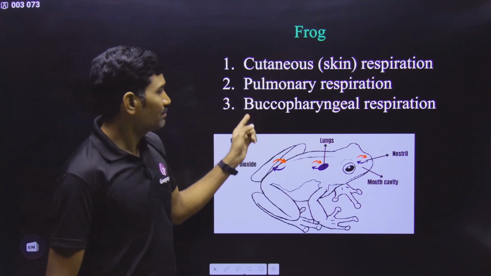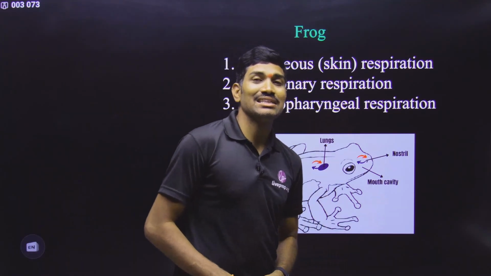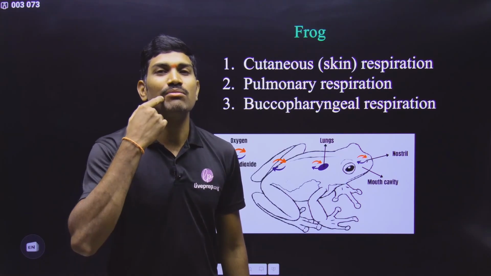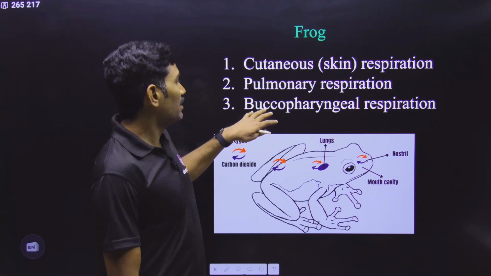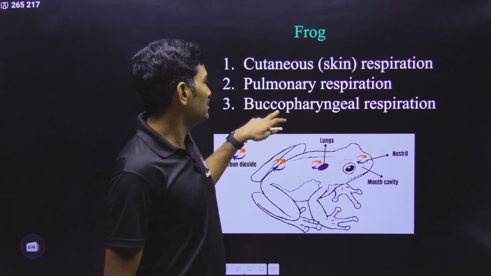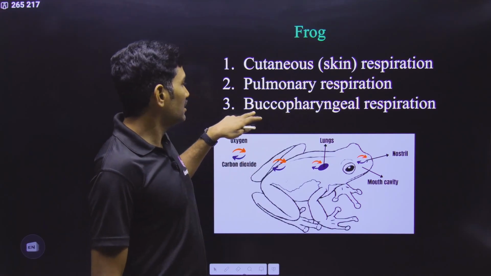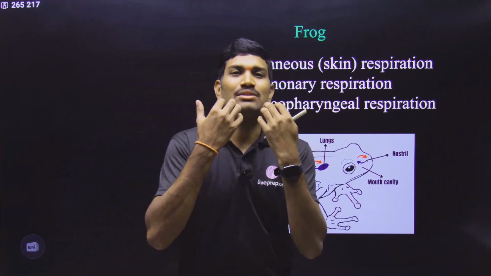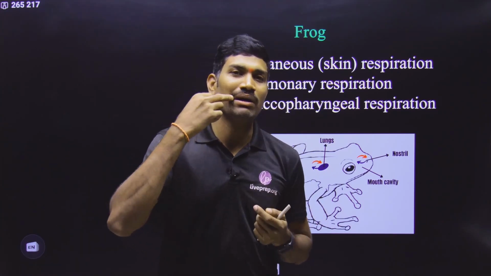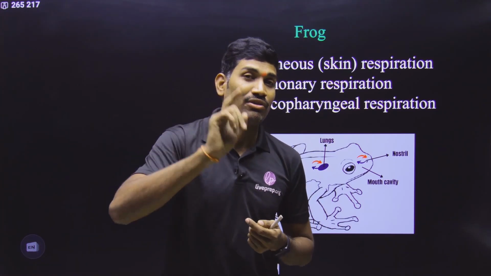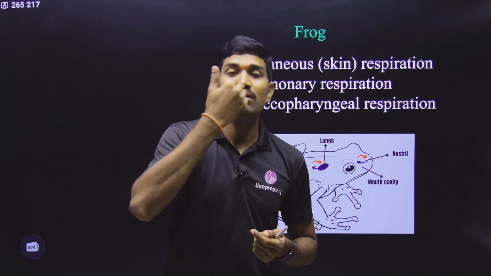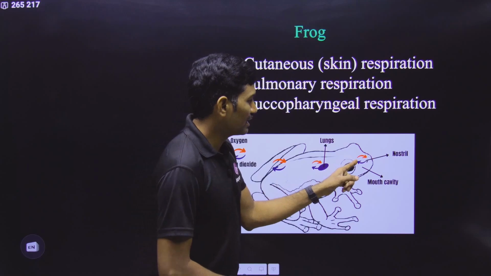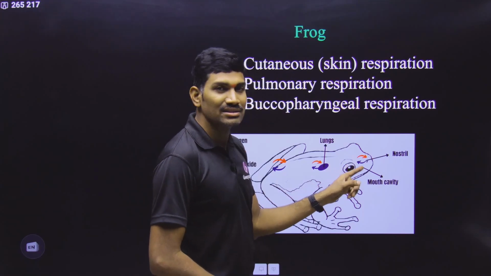And not only this, buccopharyngeal. Buccal means what? Buccal means the mouth. Yes or no? So buccal is the mouth, and this is the buccal cavity, and this is the pharynx. And surrounding this buccal cavity and the pharynx, in the case of frog, not in the case of human, there is a moist skin present.